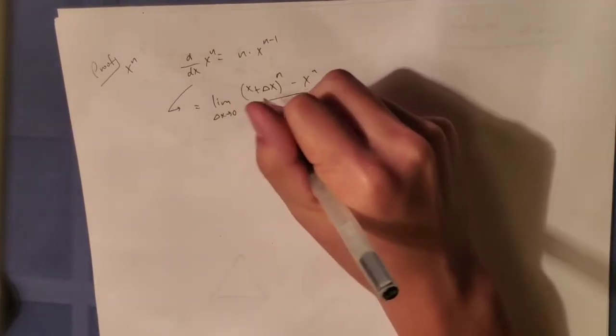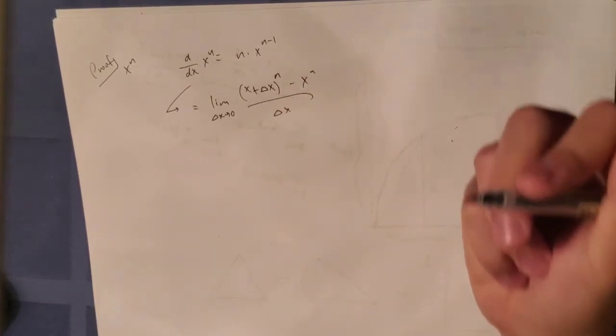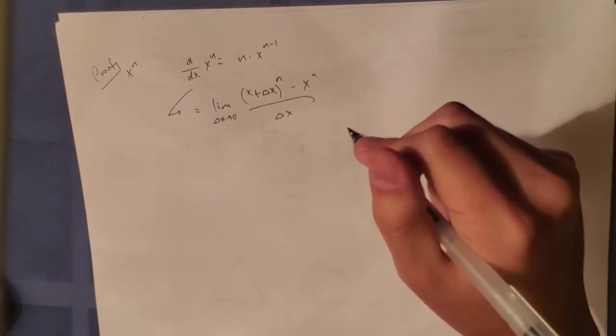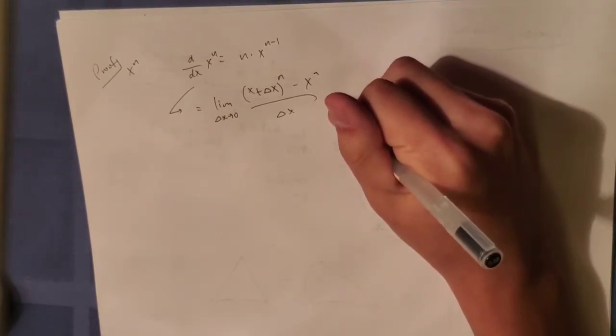And we can expand this x plus delta x to the n with the binomial expansion.